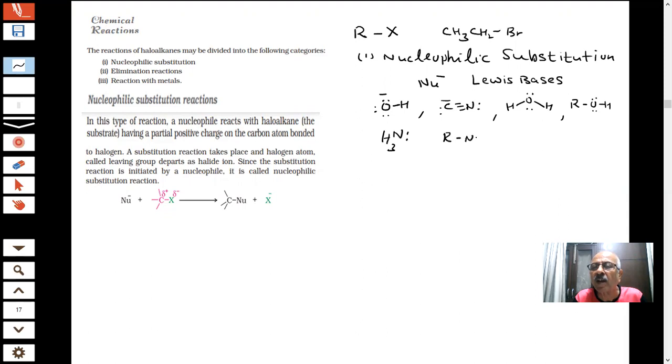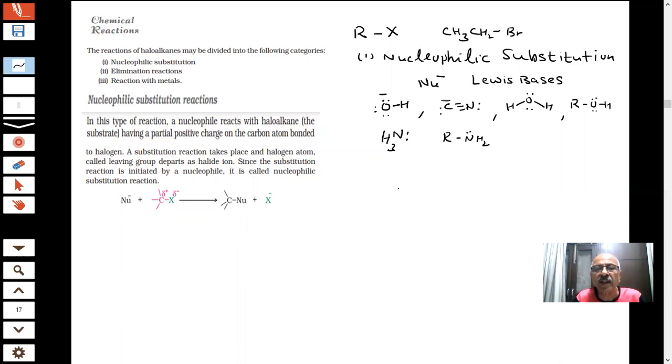If I write RNH2, there is a lone pair of electrons. Therefore, we can say that nucleophiles are those which are having lone pair of electrons or negative charge. They will attack at which point of the carbon? Nucleophiles are electron rich, so they will attack at which carbon density?